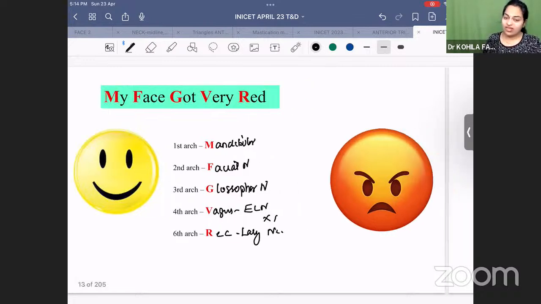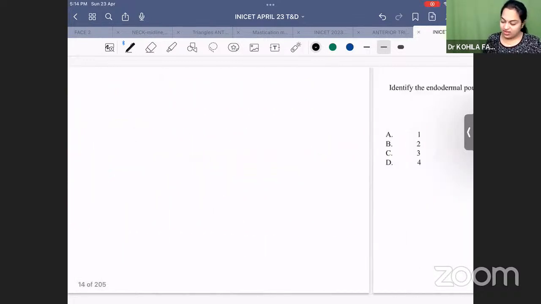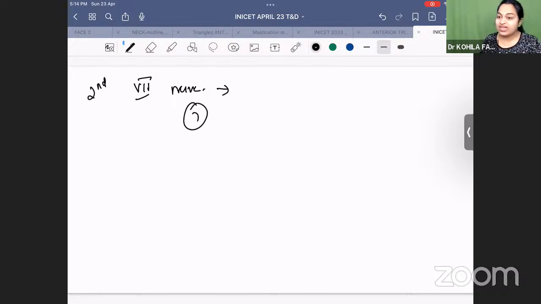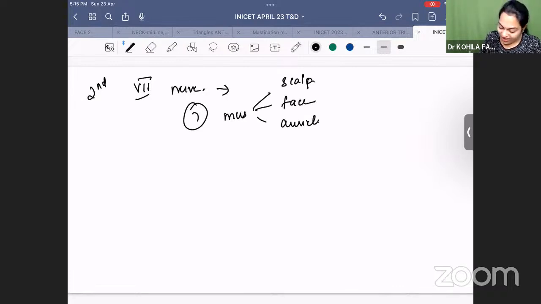So this question is about the second arch. Can you tell me what are the derivatives of the second arch? You know, it's the 7th nerve. Any idea how many muscles it supplies? Easy way to remember: 7 muscles. Muscles of scalp, muscles of face, muscles of auricle, the superficial muscle of the neck, platysma.